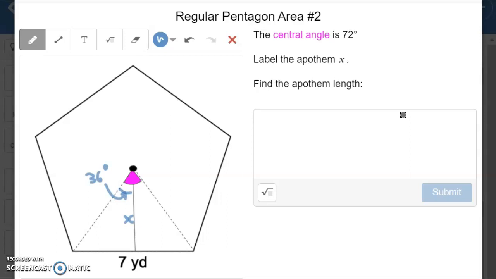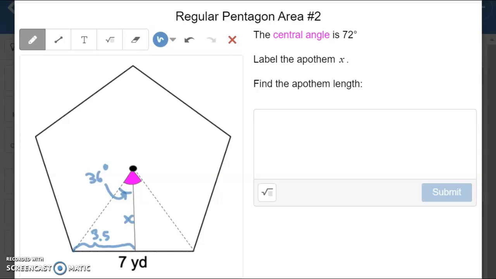Now that we know this is 36 degrees, and we know the side length is 7 yards, what do we know about this length? This length is half of 7 yards, so that's 3.5. Can we use a trig function to figure out the apothem's length?